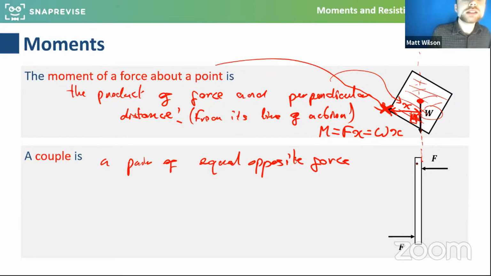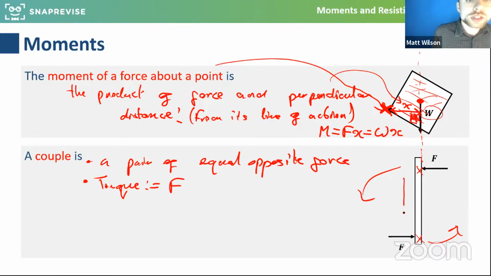When you have an extended object, they might be acting at different parts of the object. So we've got a force here acting on the bottom, and a force here acting on the top. These are going to cause a rotation. The object's going to try and spin. The spinning effect is called the torque. So the torque here is defined as the magnitude of either of the forces times the distance between them.